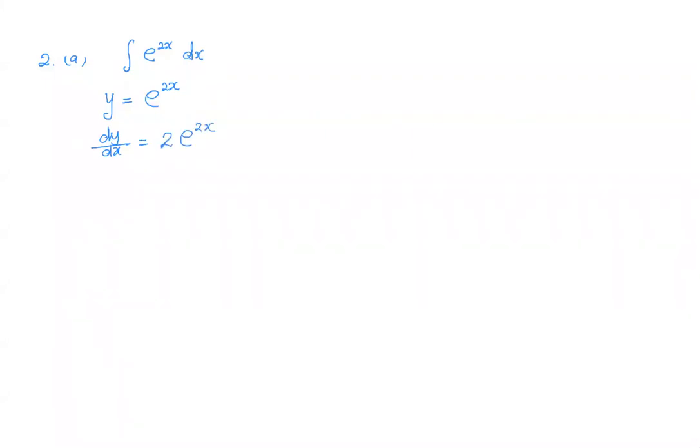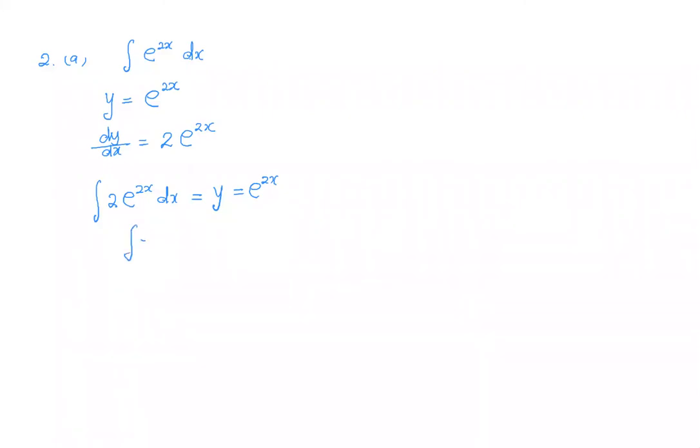So now if I integrate 2 times e to the power of 2x dx, what will I get? I will get back my y, which is e to the power of 2x. So 2 times e to the power of 2x has integral e to the power of 2x.